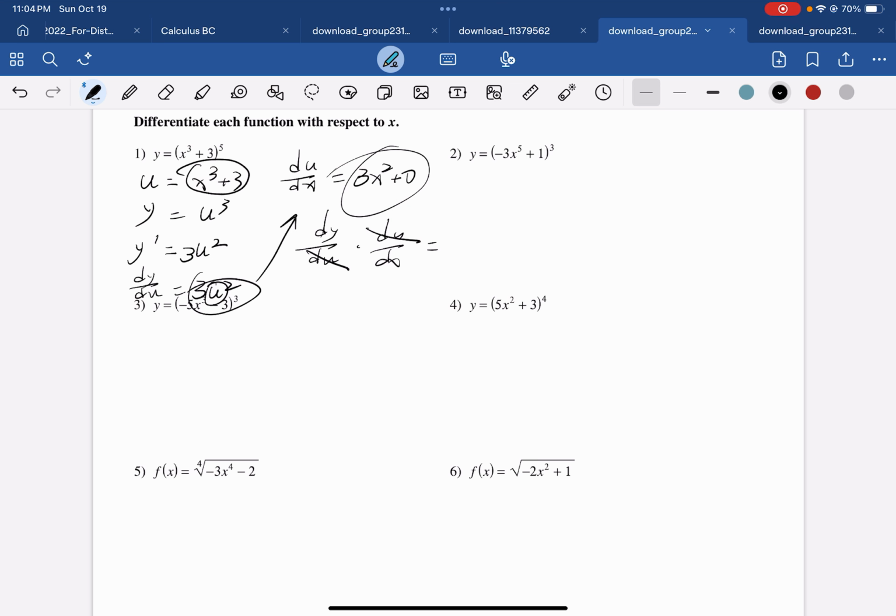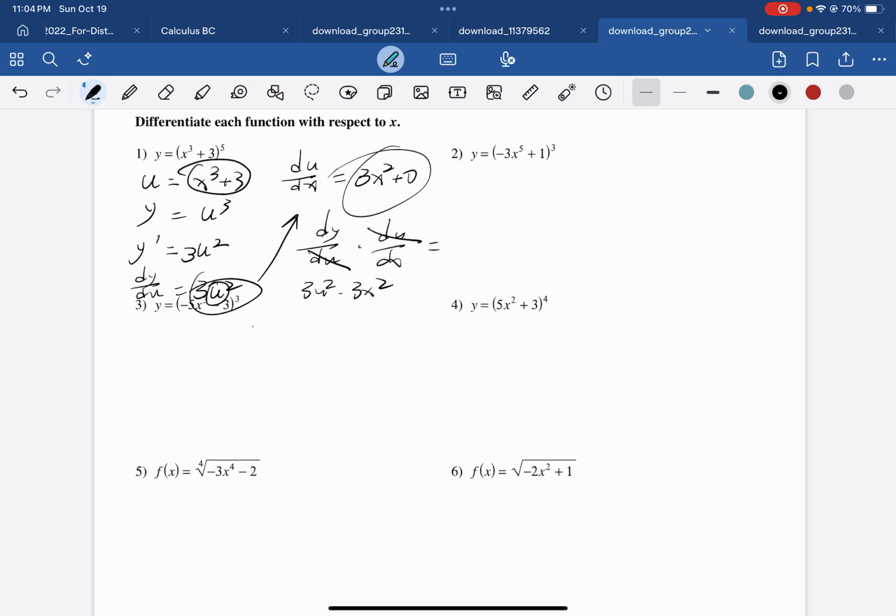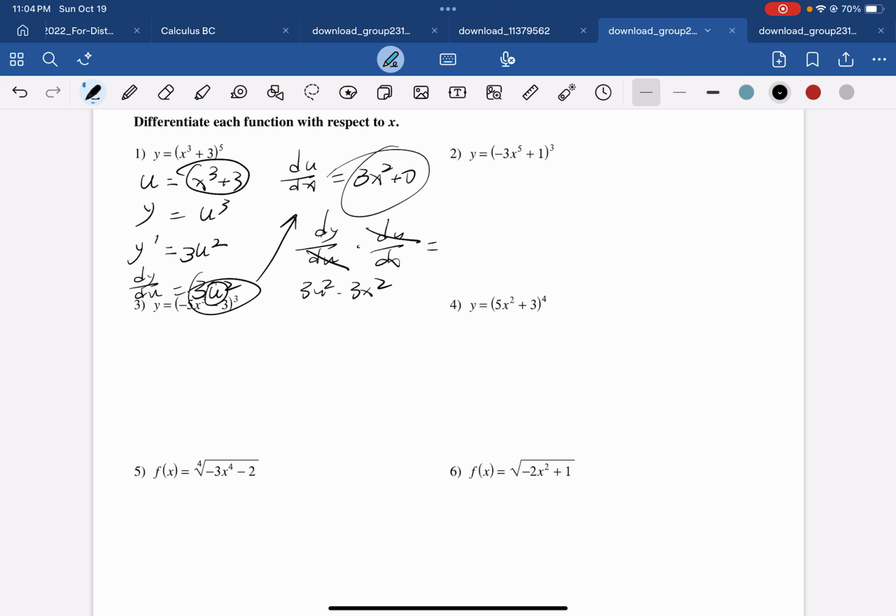So it becomes 5u to the 4th times 3x squared, which equals 5 times (x cubed plus 3) to the 4th times 3x squared. So it equals 15x squared times (x cubed plus 3) to the 4th. So that's the first answer.